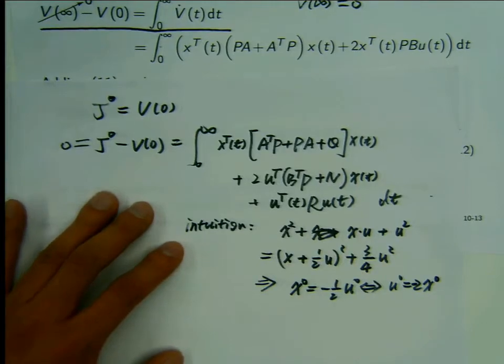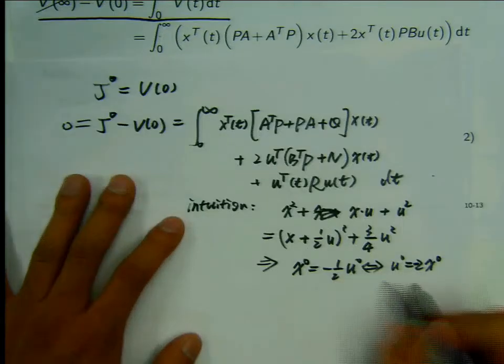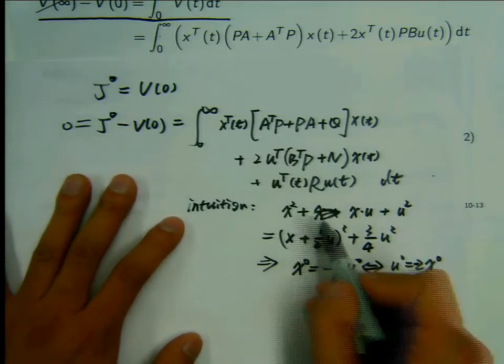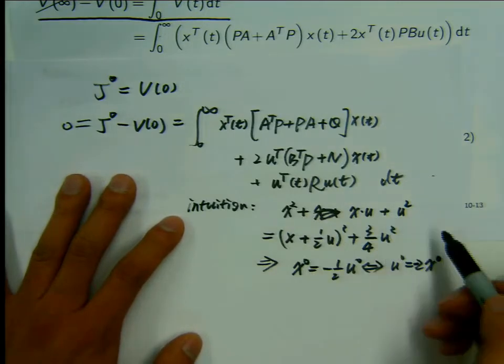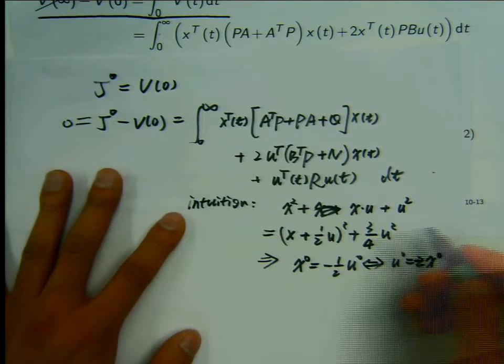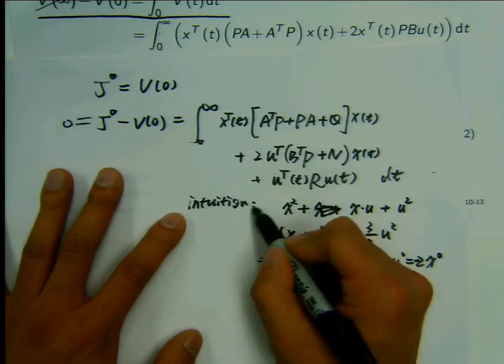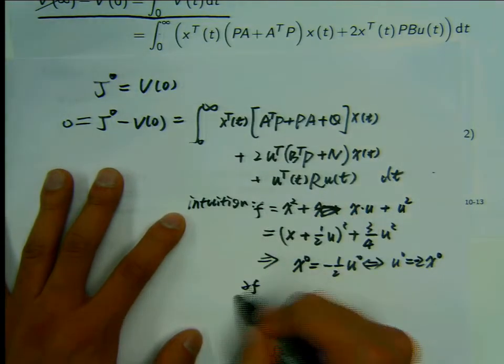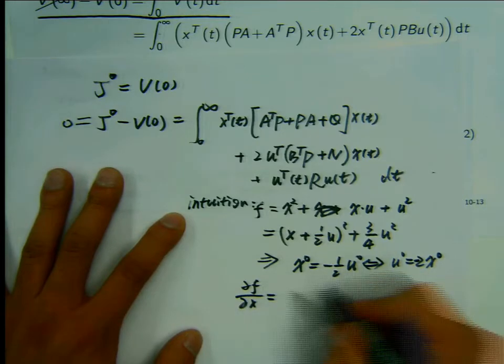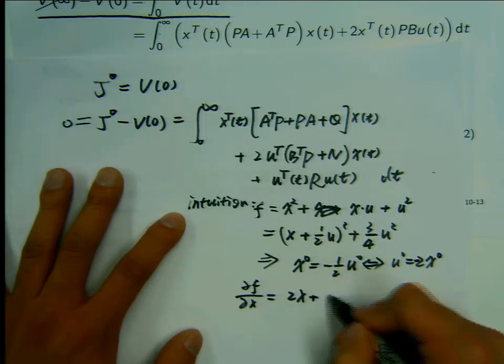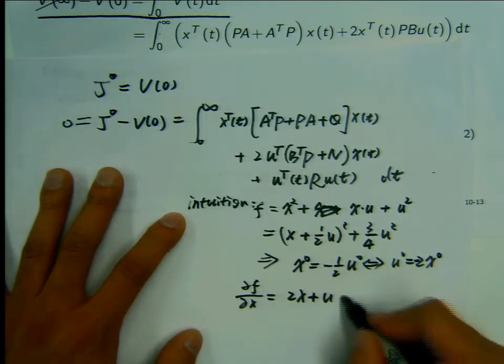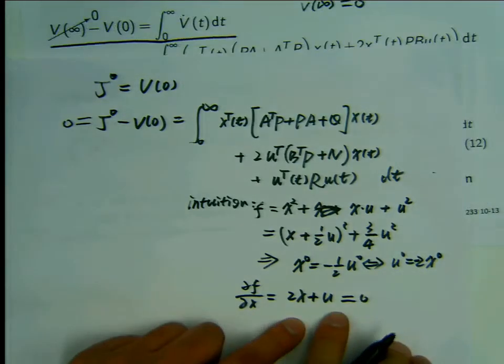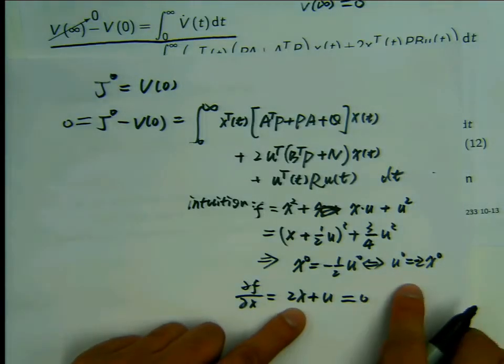Okay? So let me verify this and see whether this is the case. If you just take the partial derivative of these guys, what are you going to get? Let me call this f. Partial f, partial x equals 2x plus u, right? We want it to be 0. You see, immediately, this has to hold.